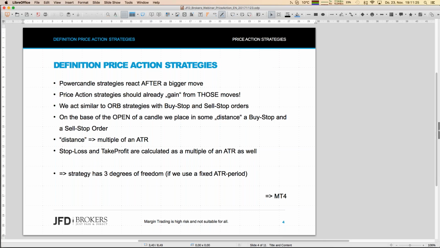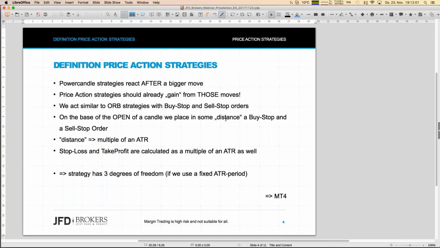So we look for the open of a candle, D1, H1, whatever, and within a certain distance, and I put the wording distance here in brackets, we place a buy stop and a sell stop order, and we think about OCO orders in this case. But in principle, the base logic is to have two orders at a certain distance.